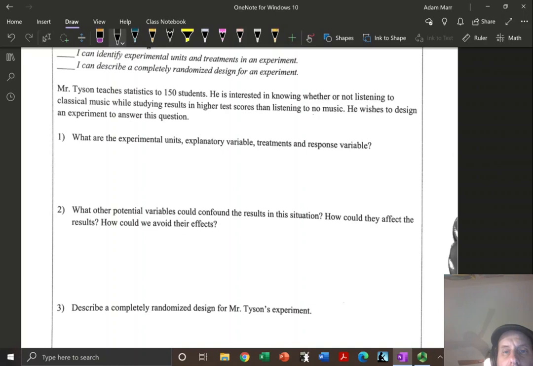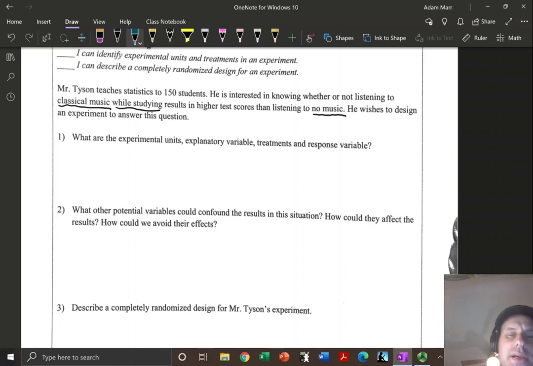Okay, so he wants to compare no music at all to students listening to classical music, and this is, of course, while studying. No problem. He wishes to design an experiment to answer the question. Okay, no problem. What are the experimental units, explanatory variable, treatments, and response?